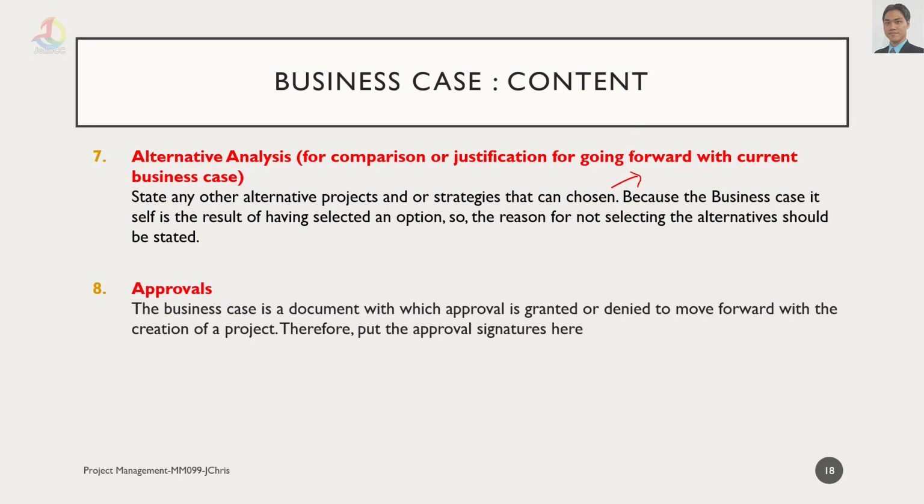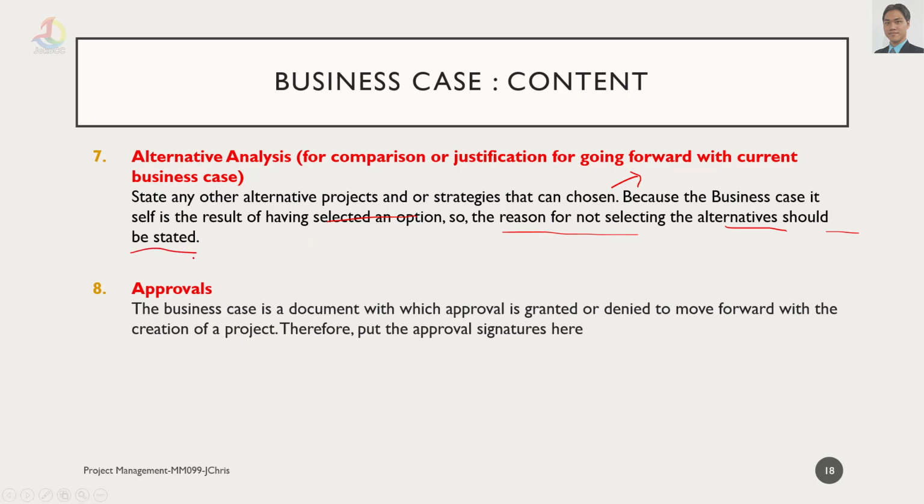We need to give alternatives. If we can give the other alternatives with, let's say, a comparison with our own solution, that will be beneficial, because the business case itself is the result of having selected an option. So the reason for not selecting the alternative should be stated.